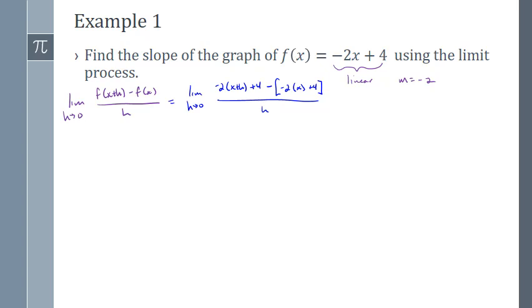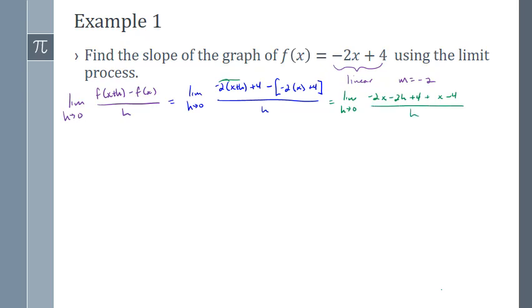And then we can start to simplify this just like we did in the previous lesson. So limit as h goes to 0 of, when I distribute that negative 2, I get negative 2x minus 2h plus 4. I'm going to distribute while I'm simplifying the inside, so it's plus 4x minus 4 all over h.